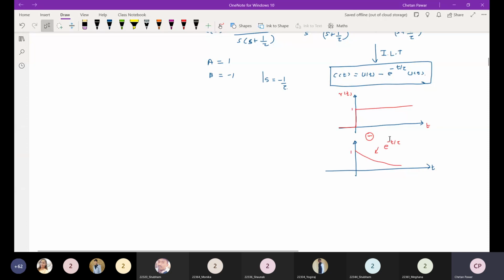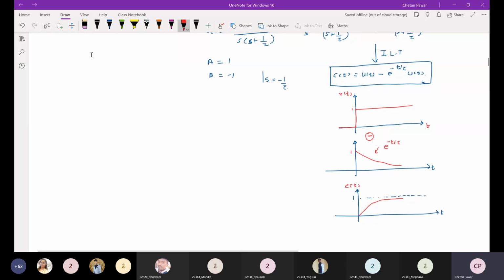If you subtract e raised to minus t by tau from u of t, you will get c of t as the output signal. How will you get the output signal? That will be like this. Okay, so this will be the output signal.